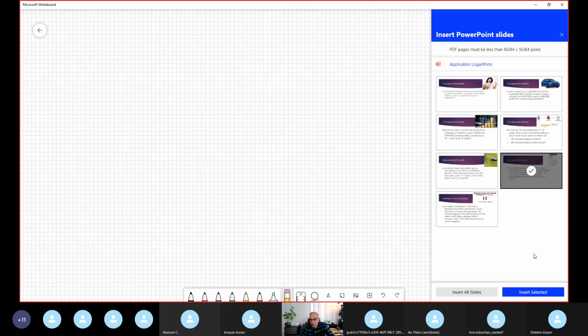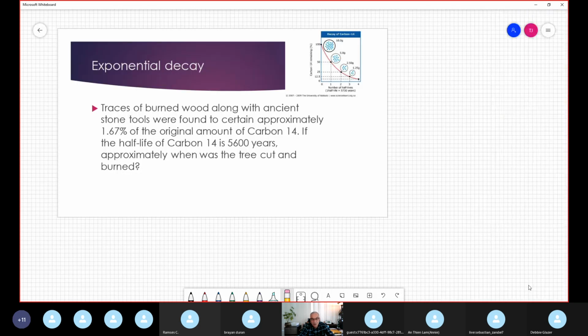It's the application for the carbon-14 test. Let me explain what a carbon-14 test is. One of the tests used in archaeology to try to estimate the age of an antique object.